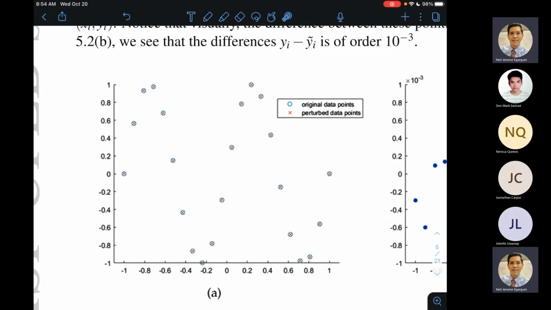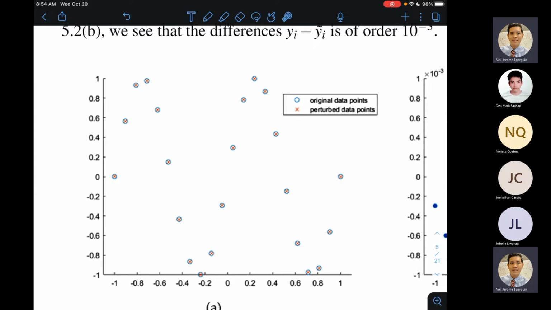So makita nyo sa figure A, yung original data points saka yung perturbed data points. Yung original, siya yung blue circles, yung orange crosses, sila yung perturbed data points. So makikita nyo, konting-konti lang. Inisod ko lang siya ng konting-konti.